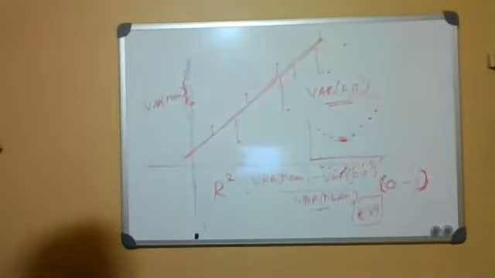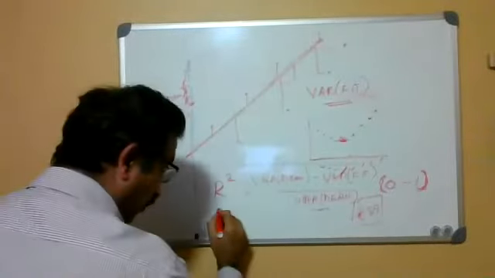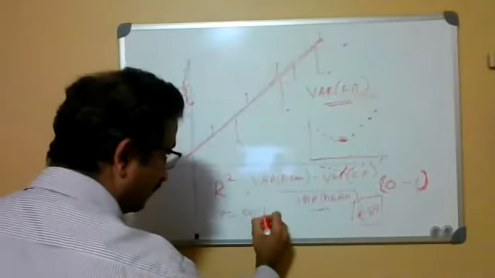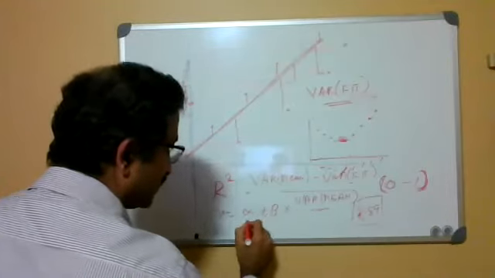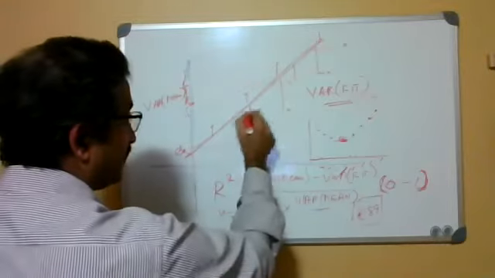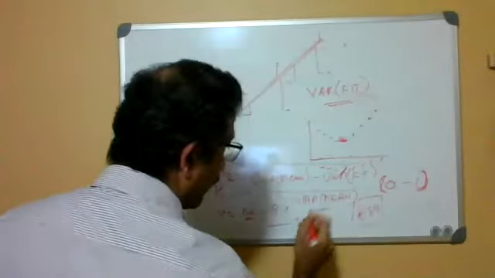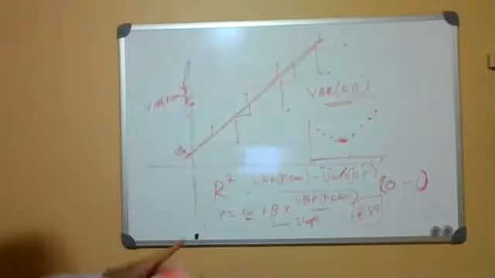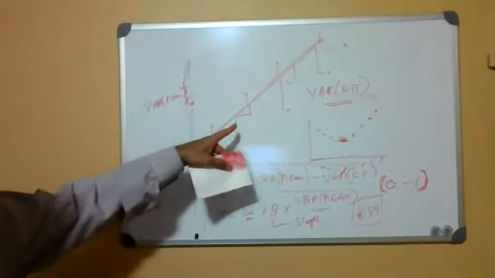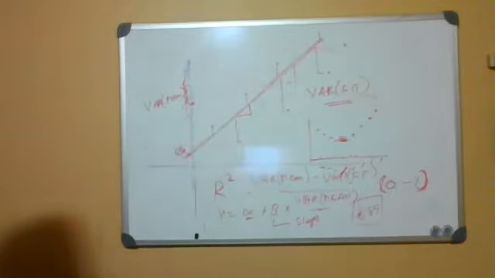And because it's a straight line, y is equal to alpha plus beta x. So this is the alpha, the y-intercept, and the slope is the beta. So this is the slope. And one more thing is these residuals are also called the errors, right?